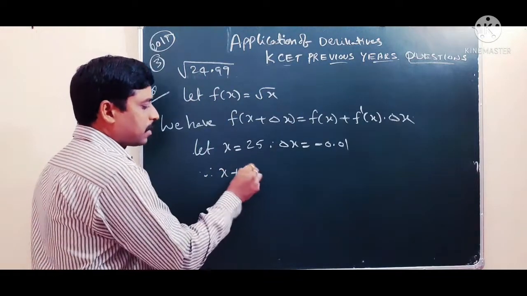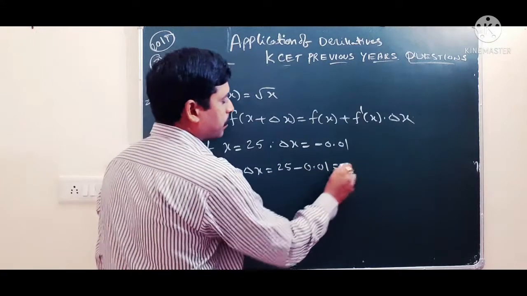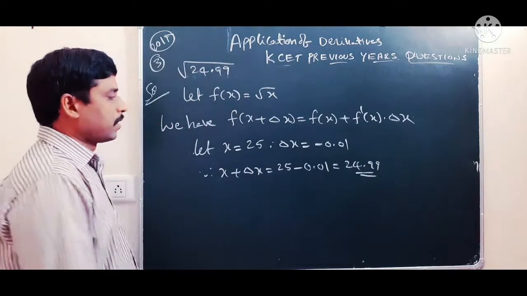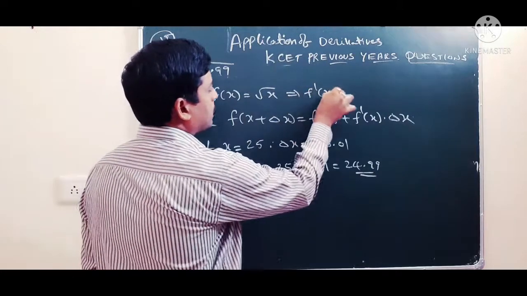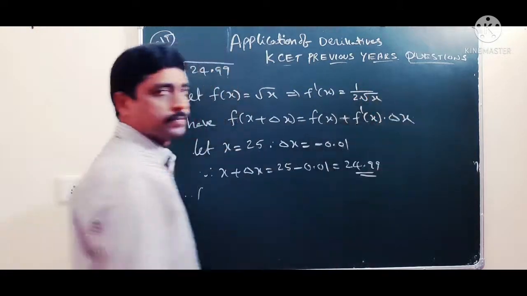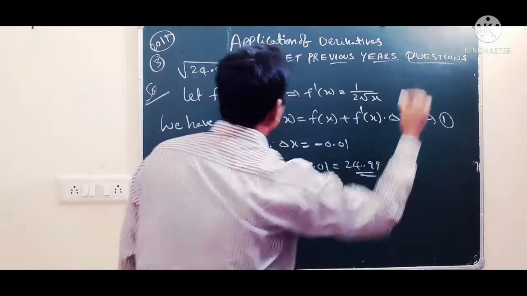Now f of x is equal to root x, and f dash x is the differentiation of root x, which is 1 by 2 root x. Let us take this as equation 1.